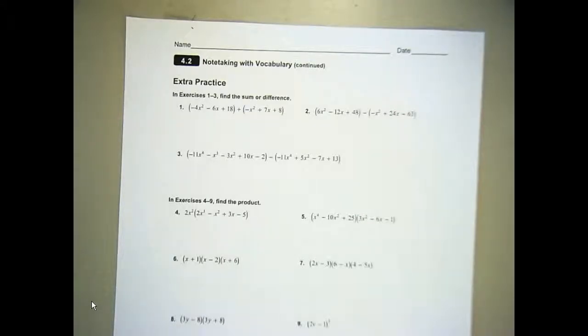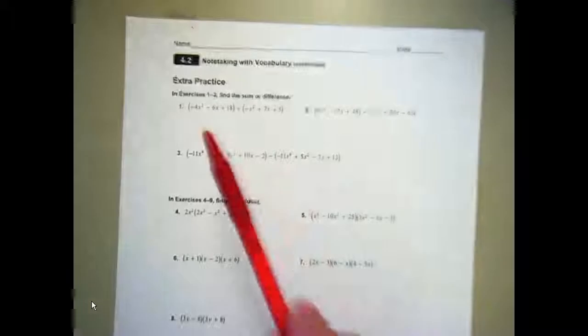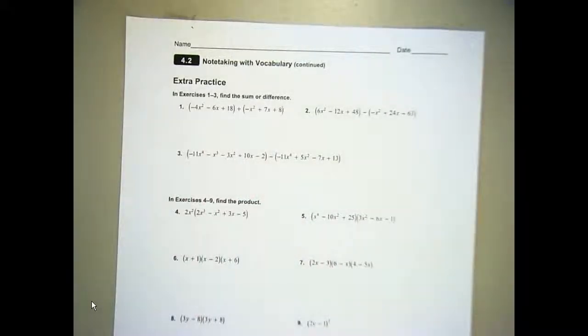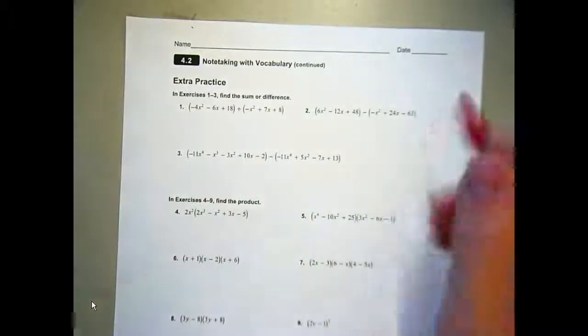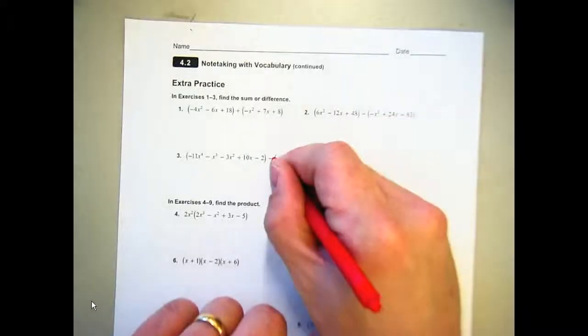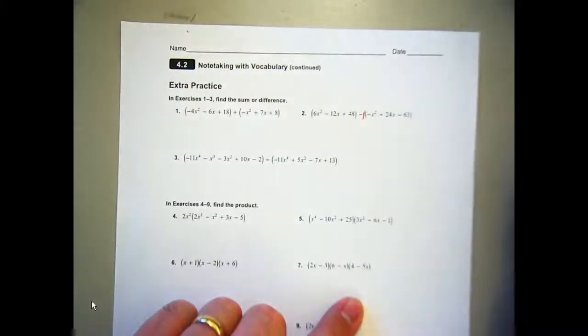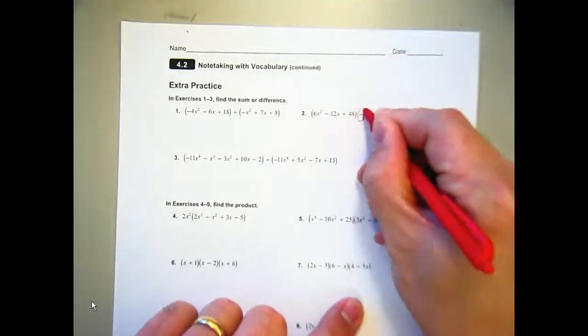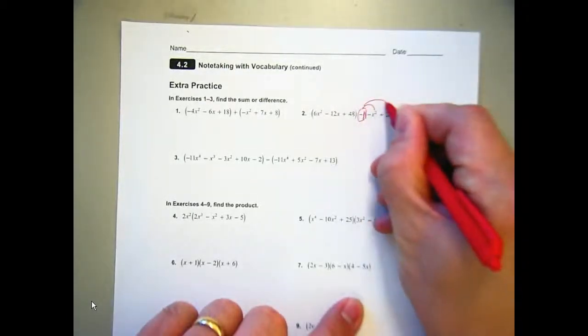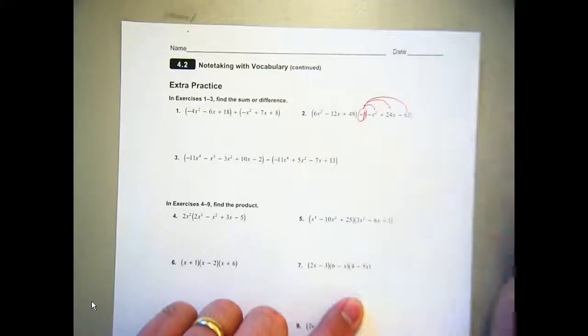We haven't worked on any of that, but that's a quick review. You're just adding like terms. And please note, when you have a negative on the outside, what happens? It's just minus. It's like distributing a negative 1 in. Be careful. Flips all those signs.